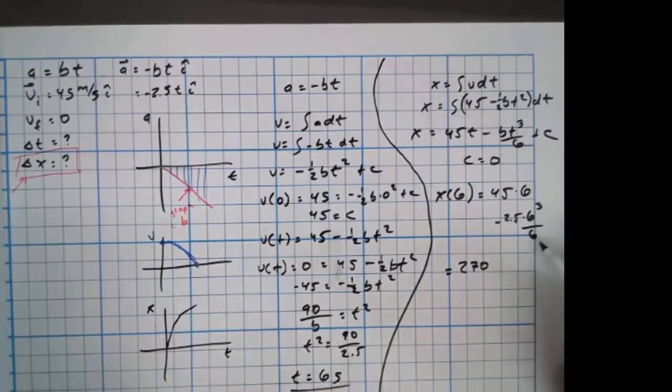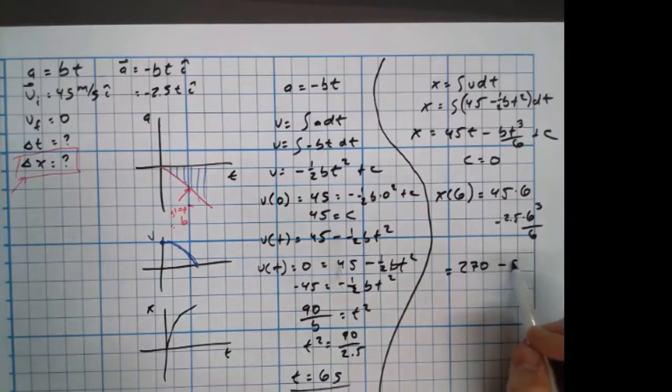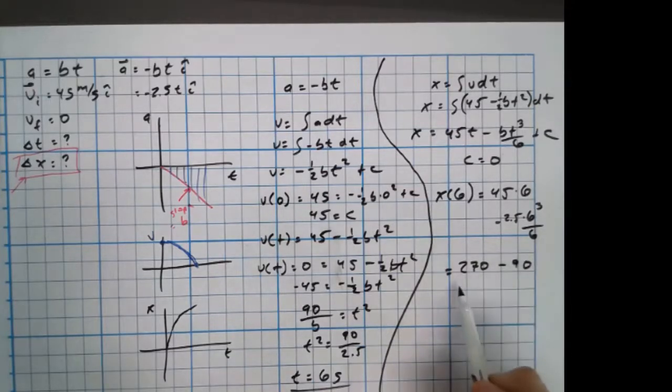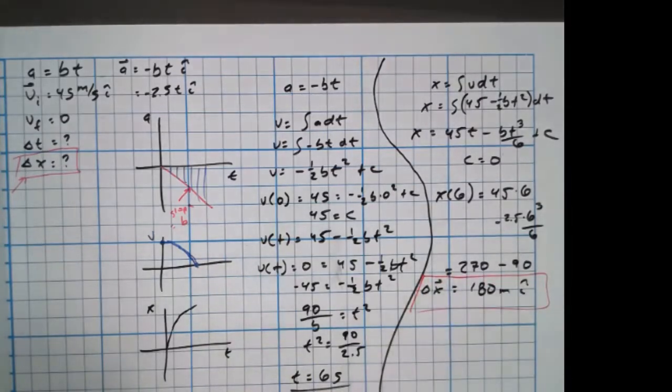And 6 cubed divided by 6 is 6 squared. That's 36. So I have 2.5 times 36. 36 times 2 is 72, plus 18 is 90, minus 90, and I get 180. So 180 meters is how far it travels. Delta x vector I hat, that's my result. Box that in and put that in mastering.